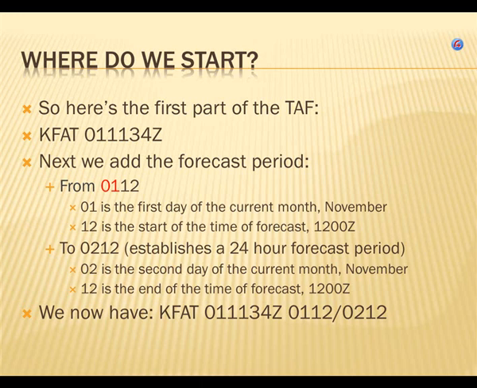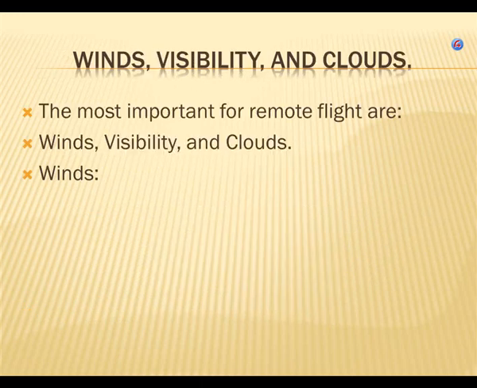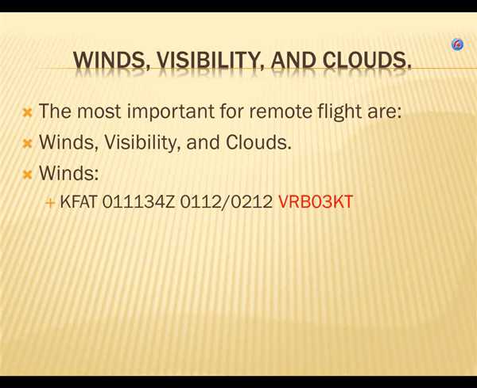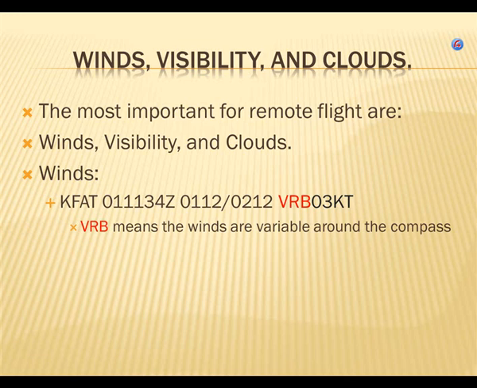Is that okay, Dale? Okay. So, VRB means that the wind is from no specific direction at 3 knots. VRB means the winds are variable around the compass.